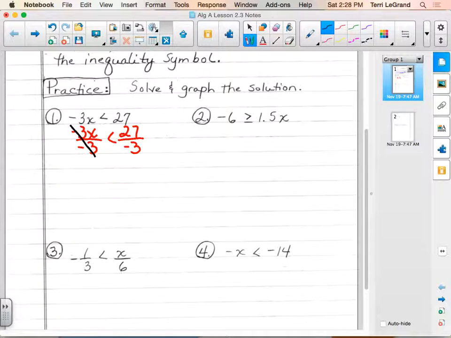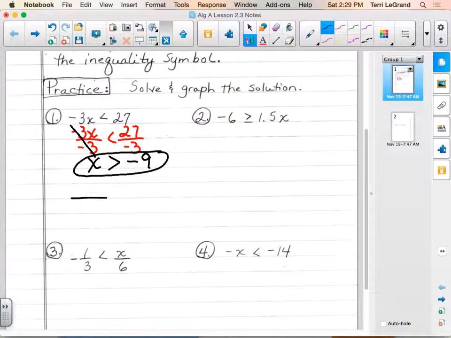Over here, we have x. We divided by, this is where we stop and say, what did I do? I divided by a negative, so I have to reverse the symbol, and then I say, what is 27 divided by negative 3? A positive divided by a negative is a negative, and 3 goes into 27 9 times. So there's our solution.